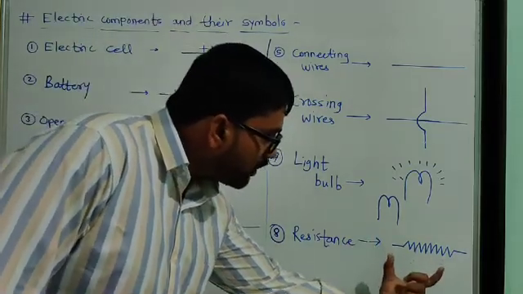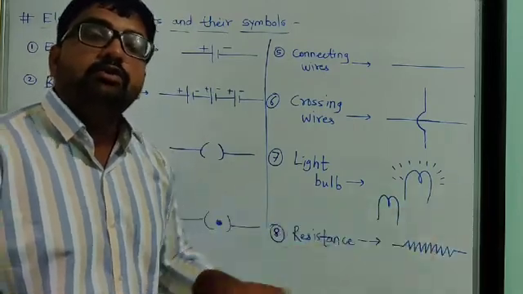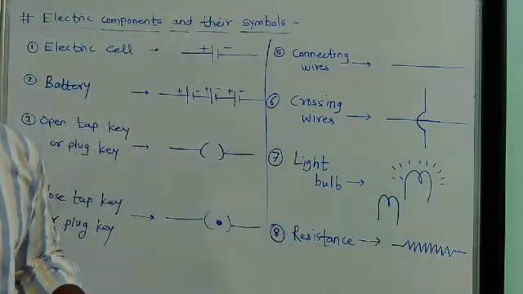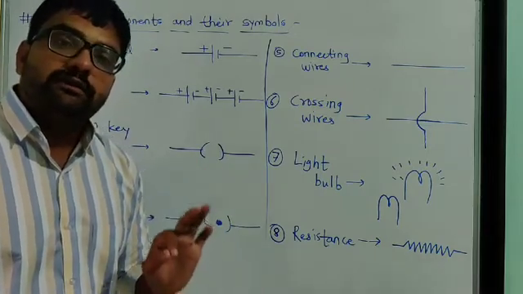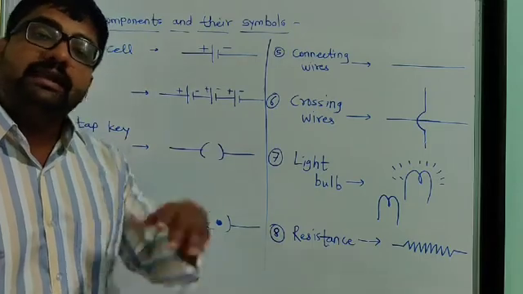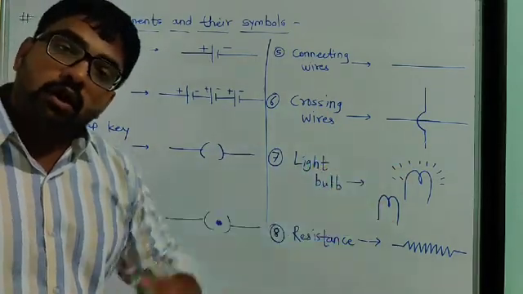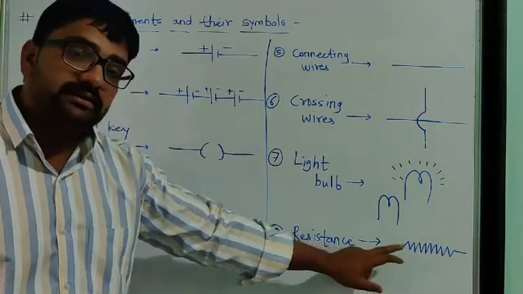This is the symbol of a resistor, a speed breaker like symbol, and its use is to control the flow of electric current. We can increase or decrease electric current by using various resistors.